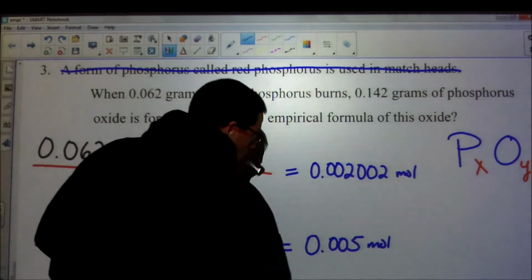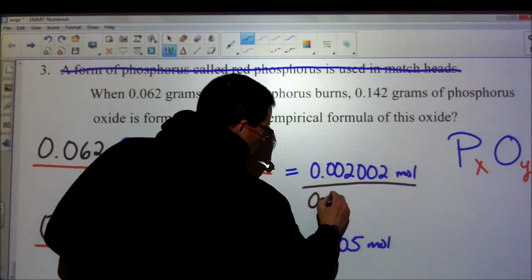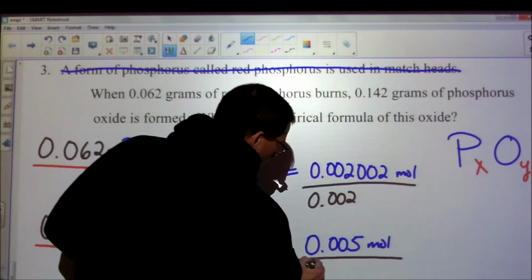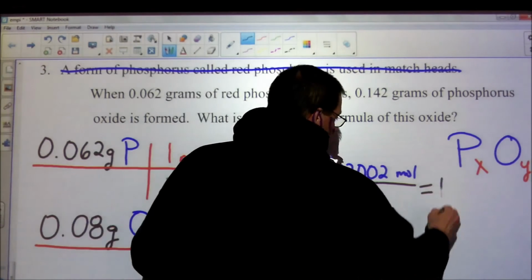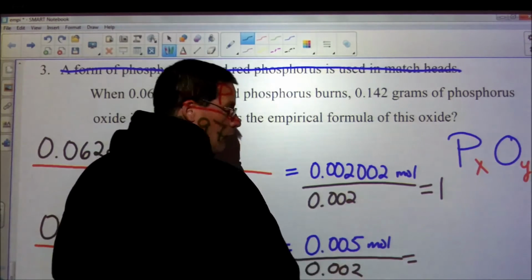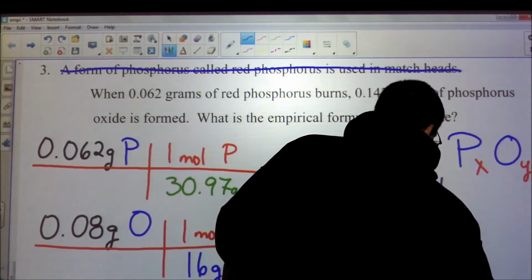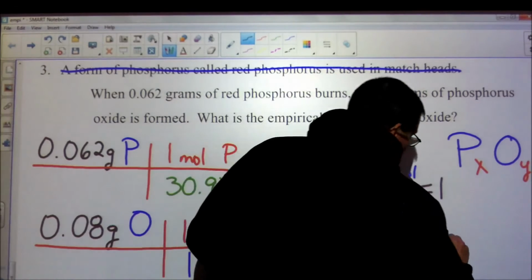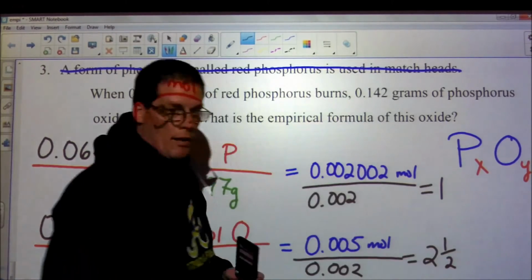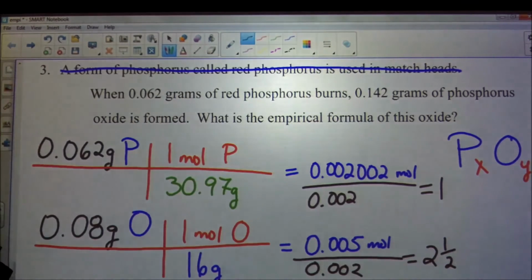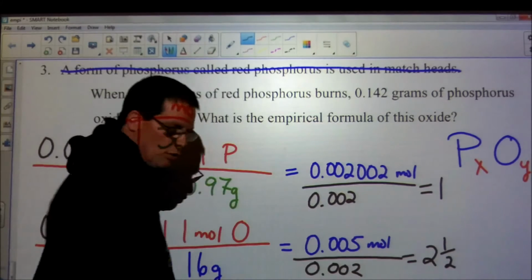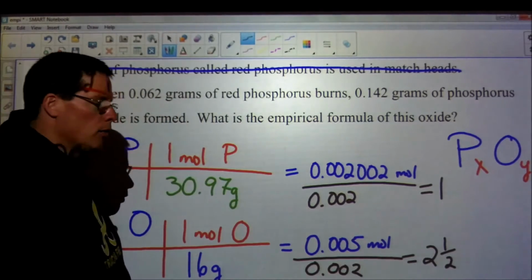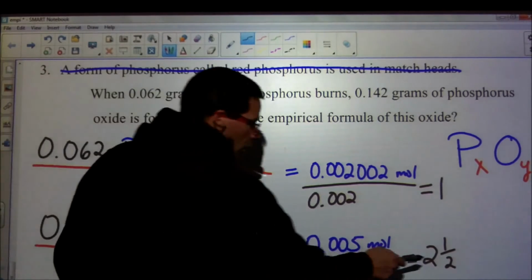Okay, so looking at this, which of these two values is smallest? Obviously the phosphorus. So we'll divide both by 0.002. The nice thing is that's a 1, and 5 divided by 2 is 2.5. But we want to make sure that we treat the decimal as a fraction, and 0.5 represents 1/2. To get rid of this fraction, we don't just round it up or round it down. We have to take that into consideration.